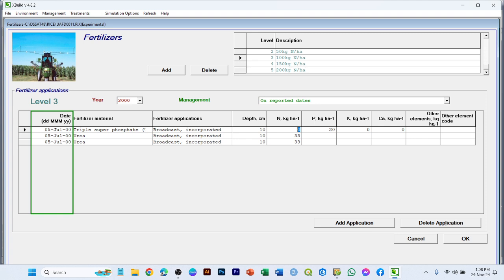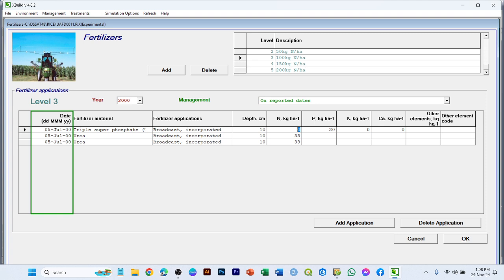Good question. Understand? If it's 100 kg, then how much will it be? 200. 2 bags, and I guess 2.5 bags of urea. Understand?